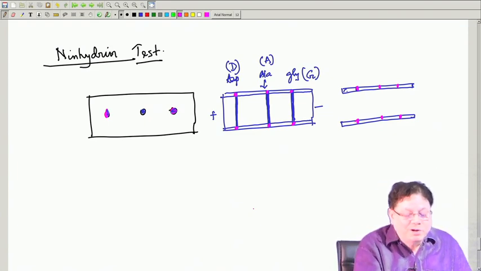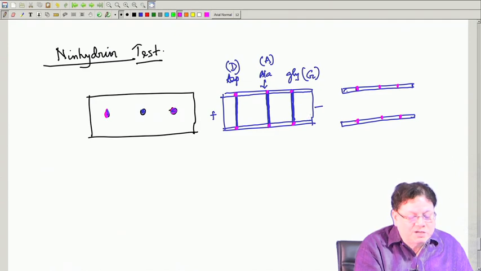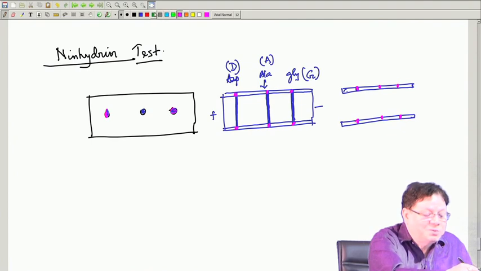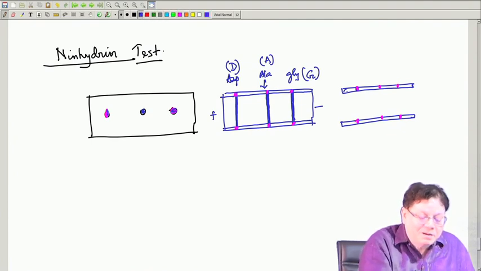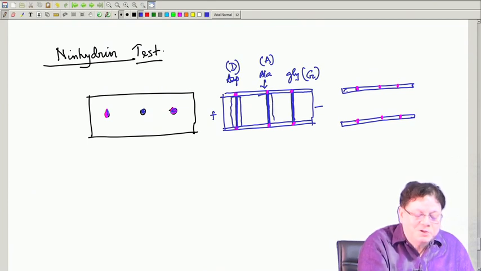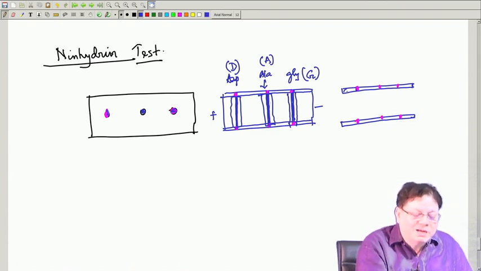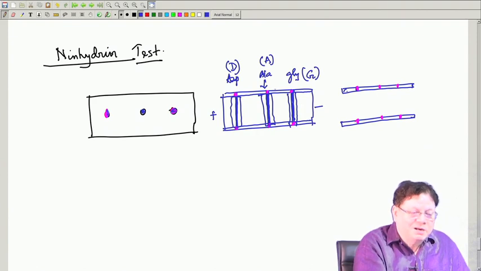Now, once you reconstruct it, take a pair of scissors and cut this piece of paper from here, and from here, taking the width of your band. Just to make sure that you are taking all the amino acids, you take a little bit extra portion.